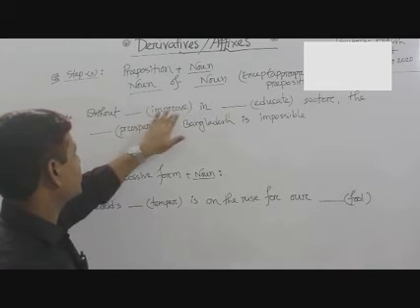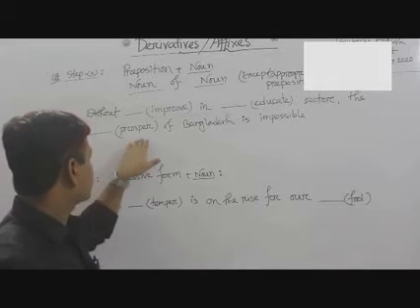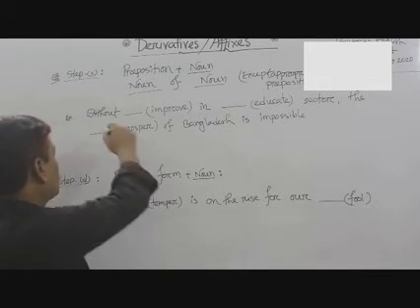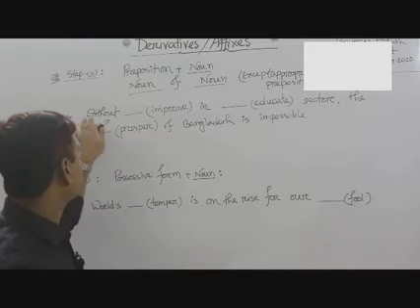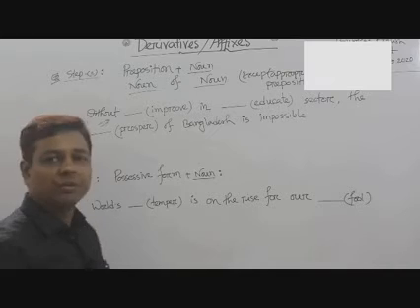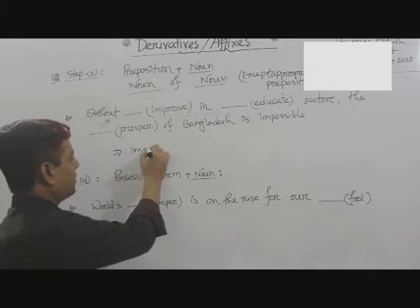Example, without dash (improve) in dash (educate) sector, the dash (prosper) of Bangladesh is impossible. Here the word without is a preposition, and after preposition, as the rule says, we have to use nouns. Improve, the noun form of improve is improvement.